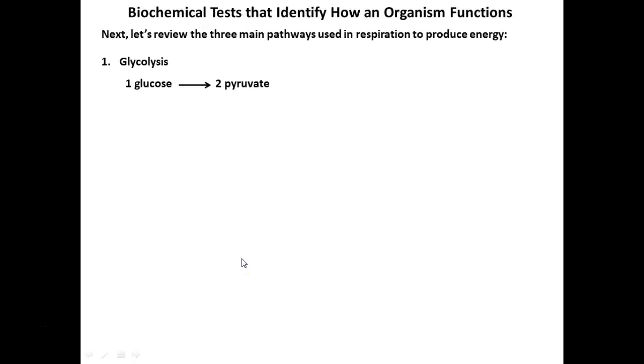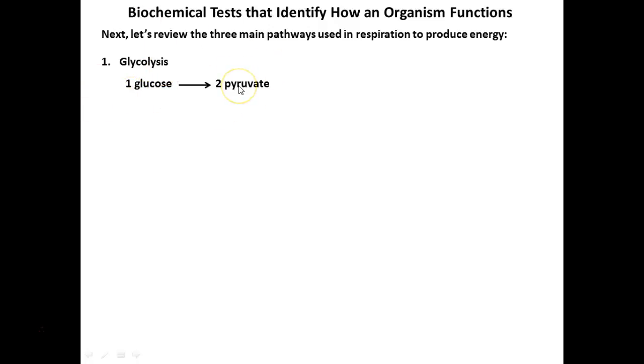So there are pathways in which we break down molecules to release these electrons and be able to utilize them to create energy. Glycolysis is, just as it says, the breakdown of glucose, and it's one of the most common pathways that we use to break down glucose.